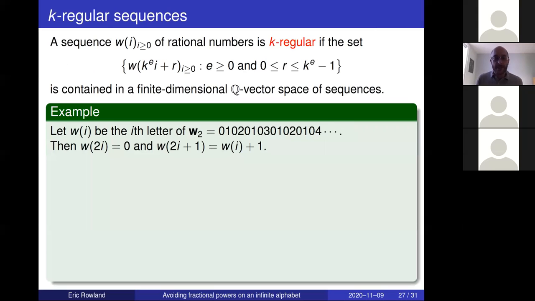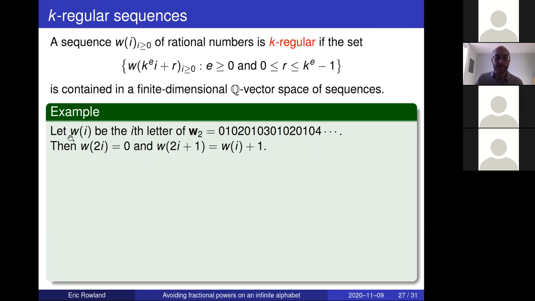I'll just finish by talking about regularity a little bit. So maybe many of you know this already, but a sequence is k-regular if all of the subsequences of this form are contained in some finite dimensional Q vector space of sequences.